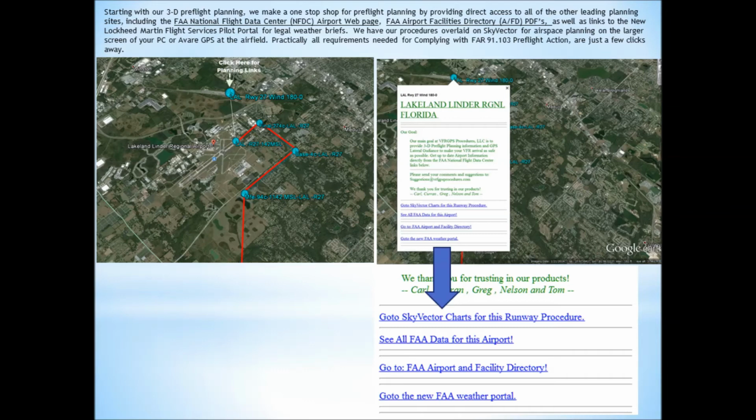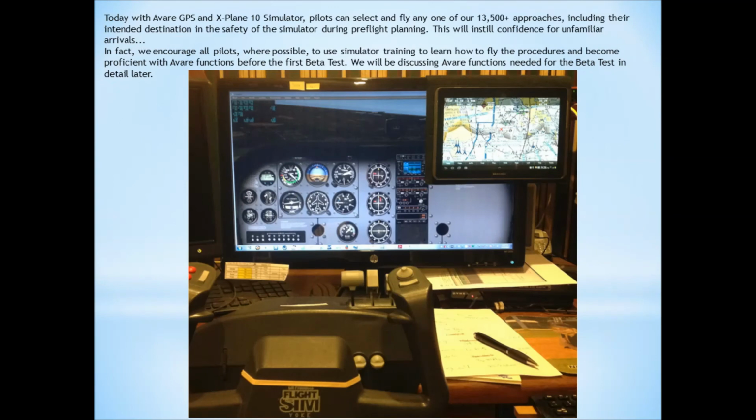Today, with AVAIR GPS and X-Plane 10 Simulator, pilots can select and fly any one of our 13,500 plus approaches, including their intended destination, in the safety of the simulator during pre-flight planning. This will instill confidence for unfamiliar arrivals.